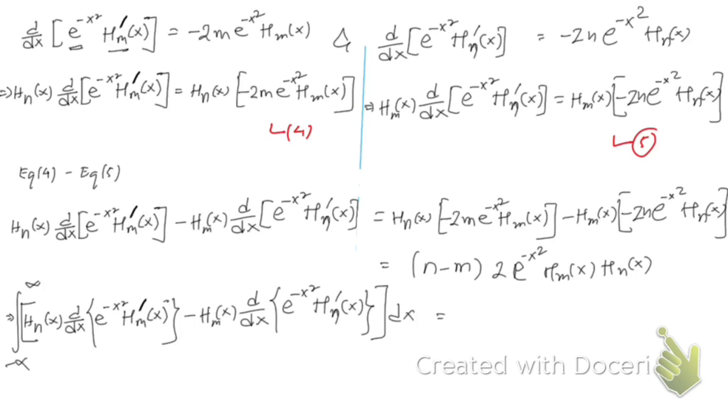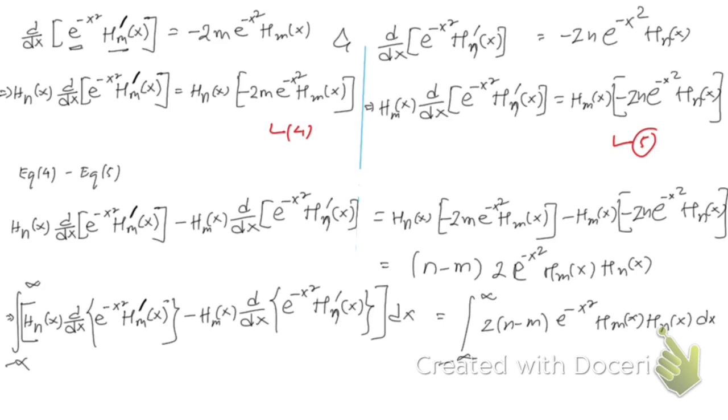On the right hand side, integration from minus infinity to plus infinity, 2 into n minus m, e to the power minus x square, Hm of x, Hn of x dx. That's what we're going to have.